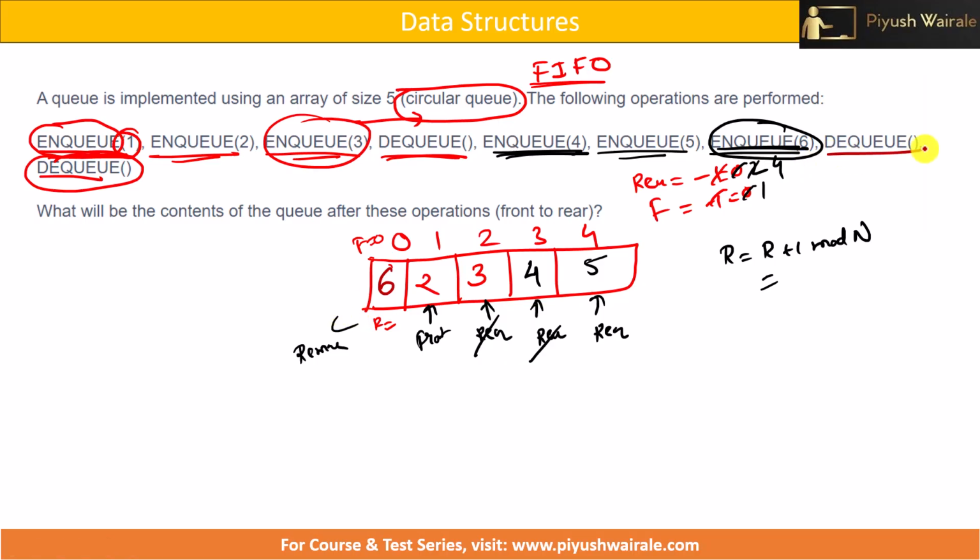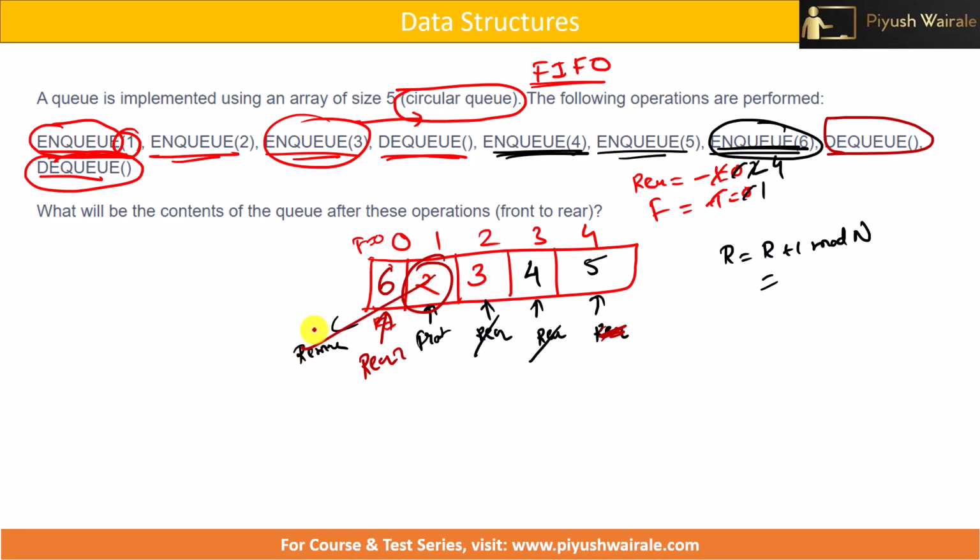Next we have a DQ here. DQ means which element is going to be removed? As of now, this is my rear and this is my front. Whichever element entered the queue first is going to be taken out. So front is 2, and we have to remove this from the queue.